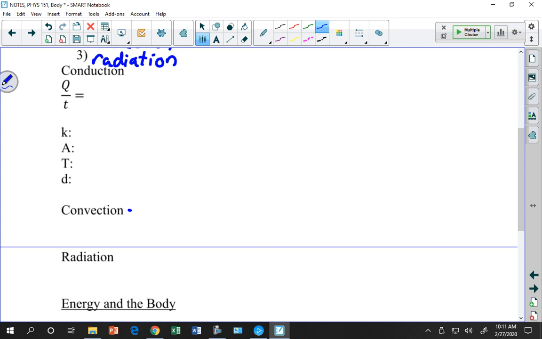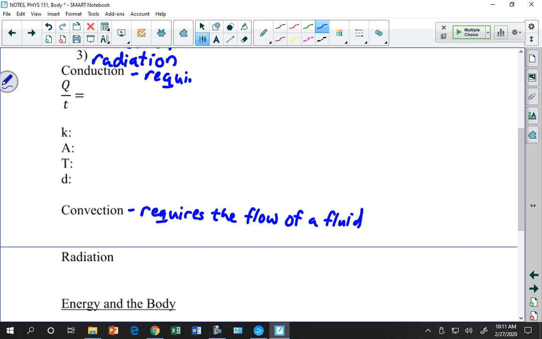So convection requires the flow of a fluid. I'll give you the definition for conduction. It requires contact between 2 objects. So heat is conducted between those 2 objects.